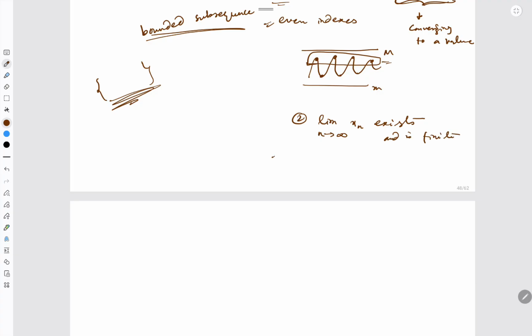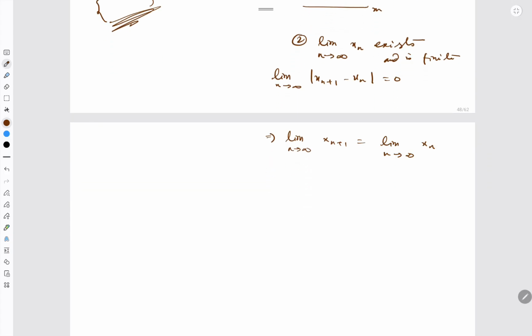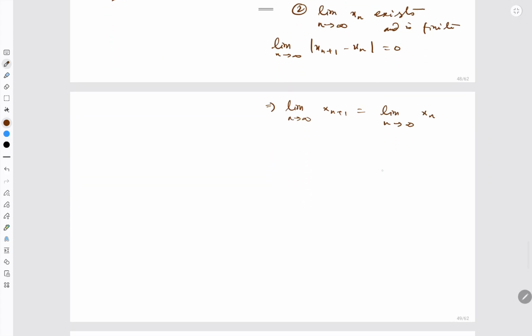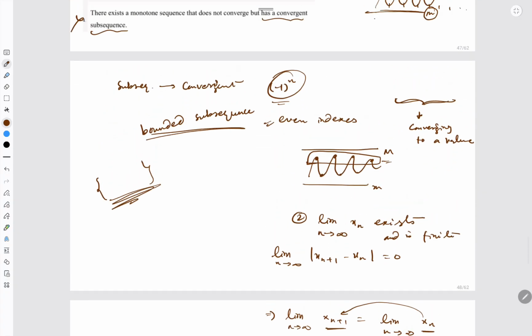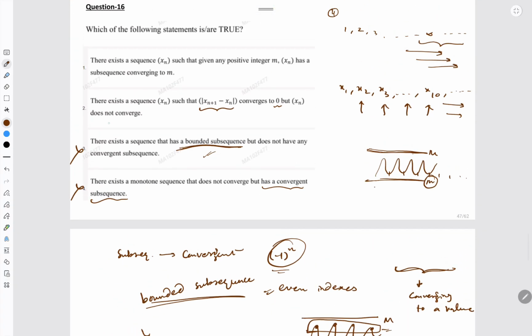Now it is saying that the limit as n tends to infinity of xn+1 minus xn is 0, that means the limit of xn+1 is equal to the limit of xn. If the limit exists, the final terms are almost the same if I move one index above or below. So yes, this means the sequence is convergent, right?